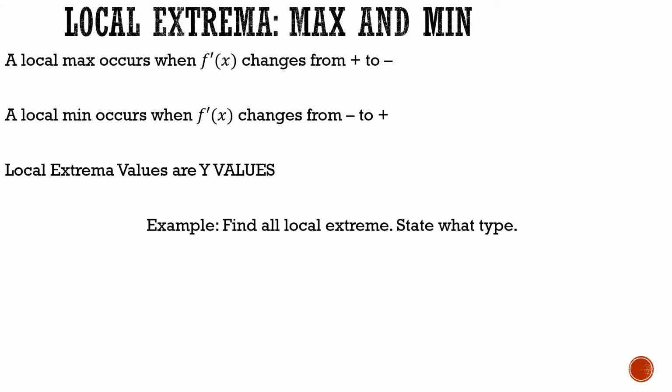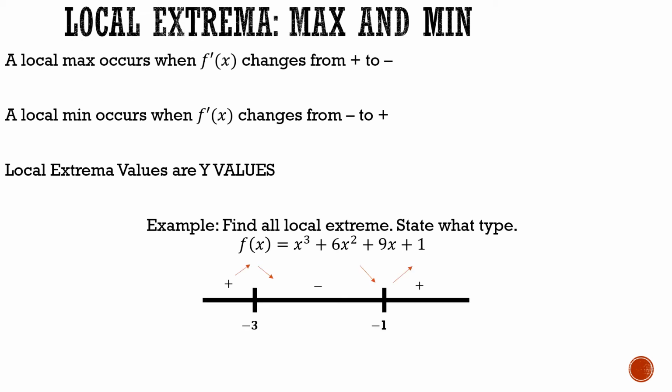Alright, so same example, same f of x equals x cubed plus 6x squared plus 9x plus 1. I'm taking my first slide answers for those critical numbers, negative 3 and negative 1. Again, I have to remember that to the left of negative 3 was positive, to the right was negative, and then to the right of negative 1 was positive.